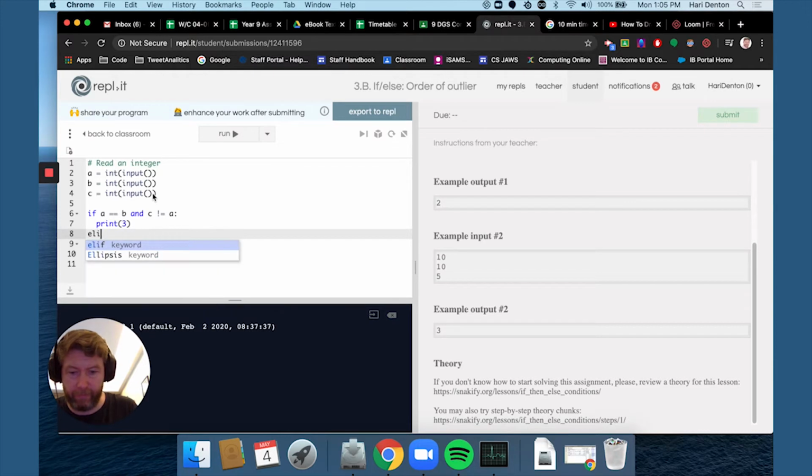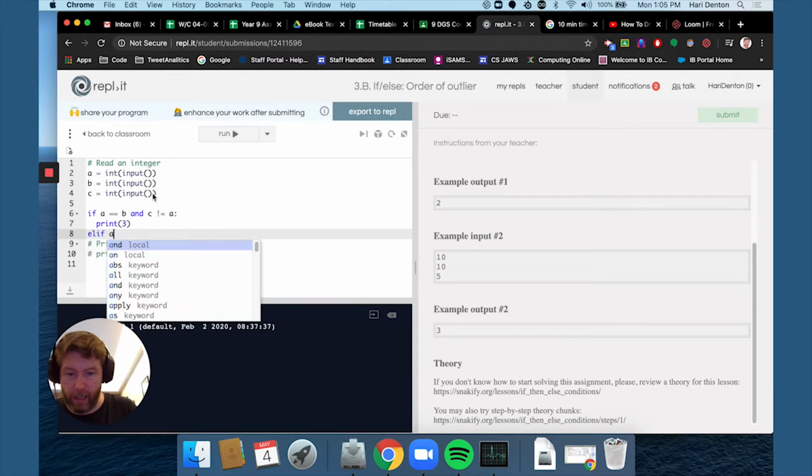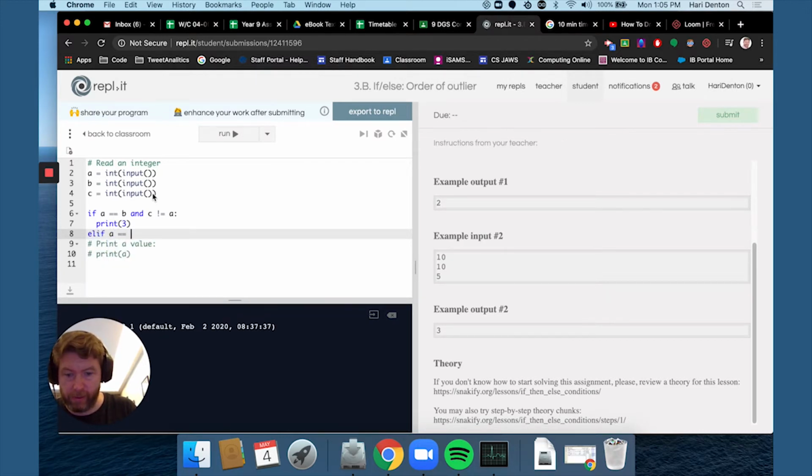Else, if A equals C and B does not equal A, then it will be in the second position.